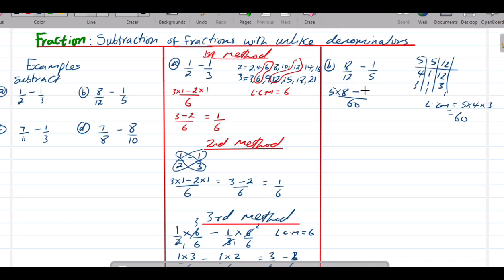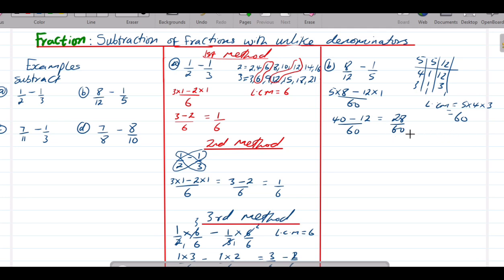So we say 12 times 1. Now let's proceed. 8 times 5 is going to give me 40 minus 12 over the LCM, which is 60. Now 40 minus 12 is going to give me 28 over 60.